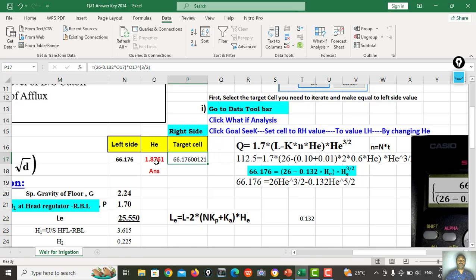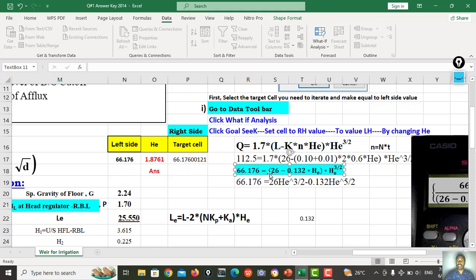So the result will be 1.876, but you have to solve the equation left side with a numerical value, this one. Then the rest will be the expression. So I hope.